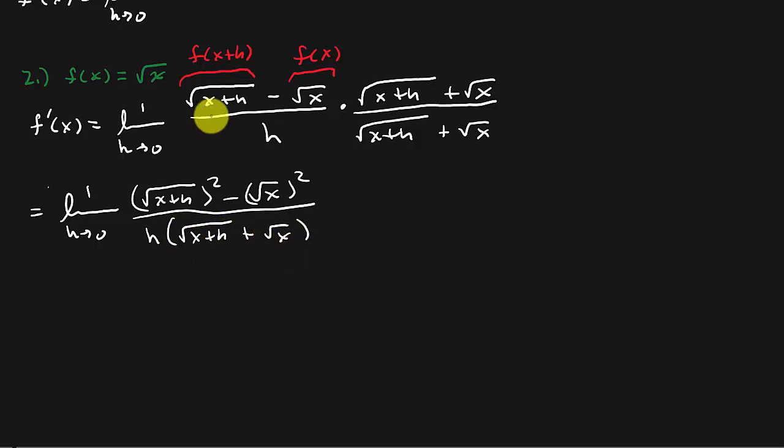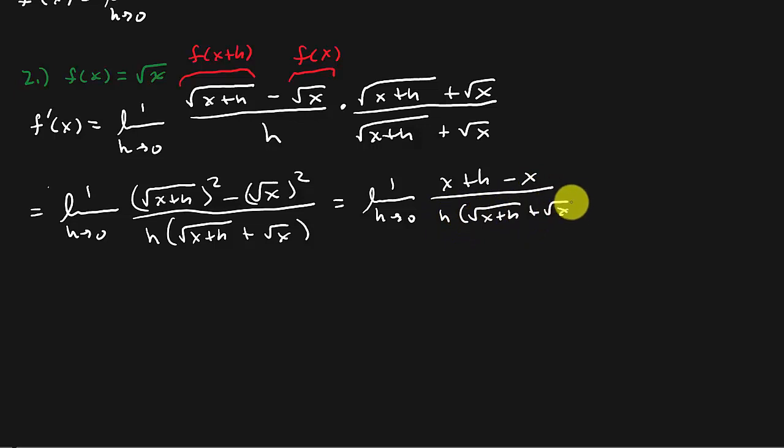Remember, this is a minus b times a plus b, which is just a squared minus b squared. And so this is going to be the limit as h goes to 0 of x plus h minus x over h times the square root of x plus h plus the square root of x.